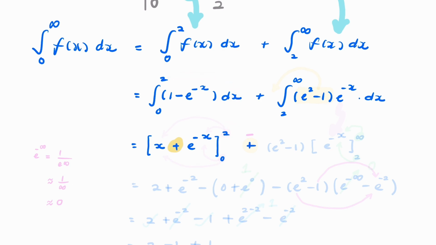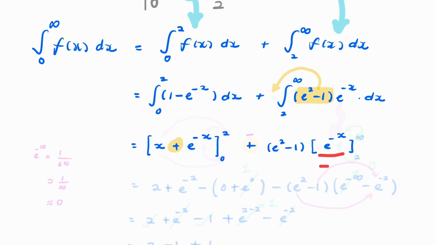Then we would add. Now, this is a constant. It's really confusing to have a constant inside the integration, so we might as well just pretend that constant is outside the integral. So now we have e squared minus 1 multiplied by the integral of e to the negative x, which is simply e to the negative x.